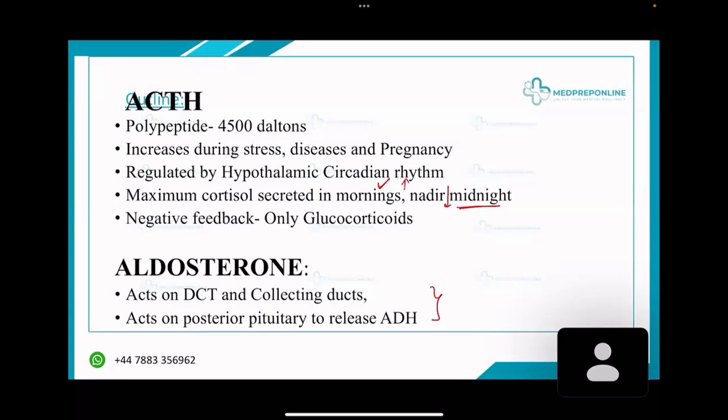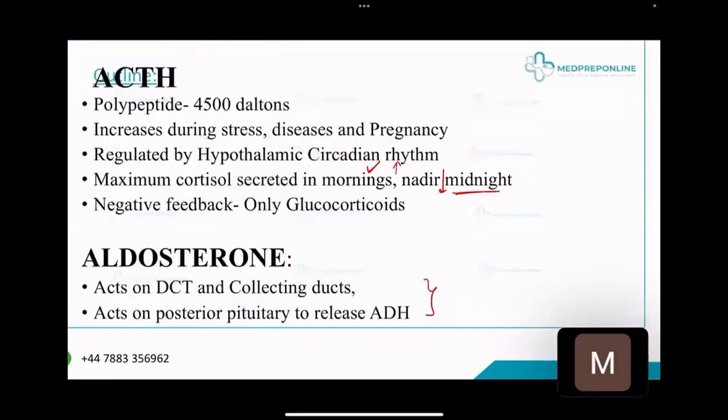What is going to be the net effect or action of aldosterone on the body? It can lead to an increase in the circulatory volume because of its antidiuretic effect. Plus, as it acts on the DCT, it will also cause reabsorption of sodium in the DCT and collecting ducts.